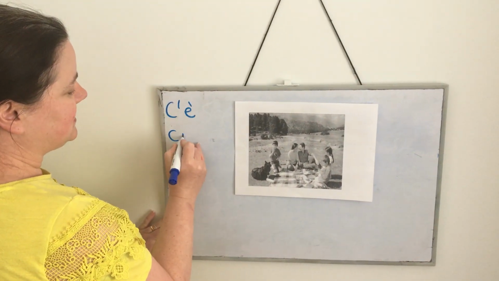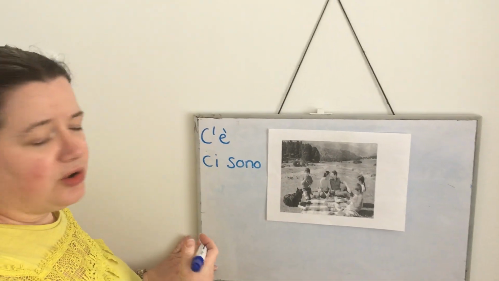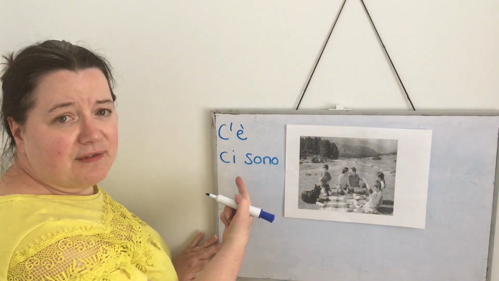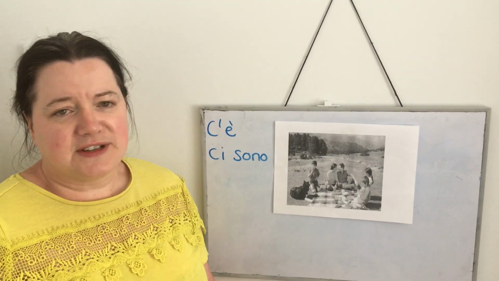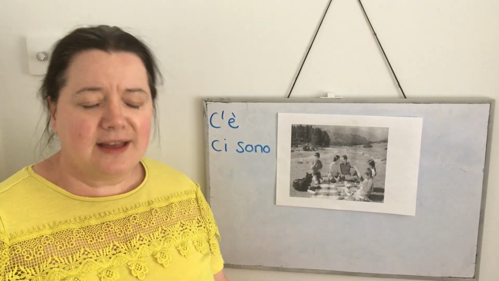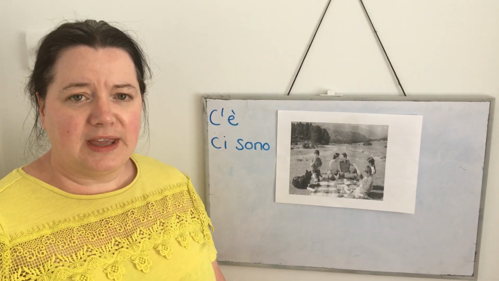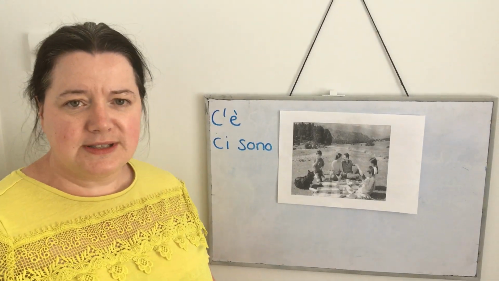The basics, c'è, ci sono, there is and there are. You've used that quite a lot already in lessons. For example, when you're talking about things in the town, c'è una chiesa, there is a church. Okay, ci sono due farmacie, there are two pharmacies.